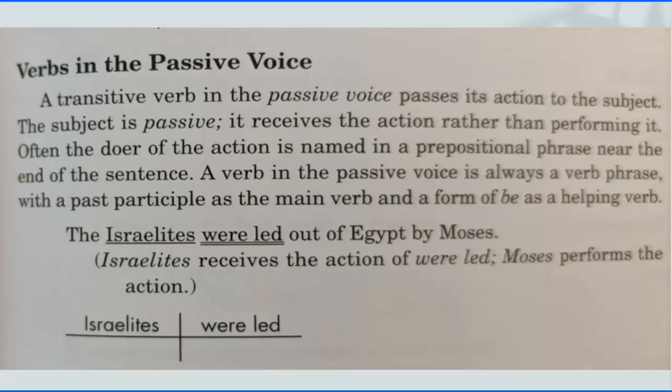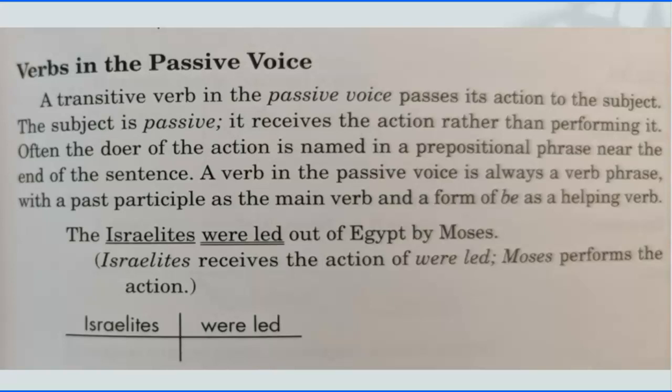Now the passive voice, instead of passing its action to a direct object, is passing it back to the subject. The subject is passive. It's receiving the action rather than performing it. Often the doer is named in that prepositional phrase that I was talking about. It probably comes at the end of the sentence, and you may have multiple prepositional phrases.